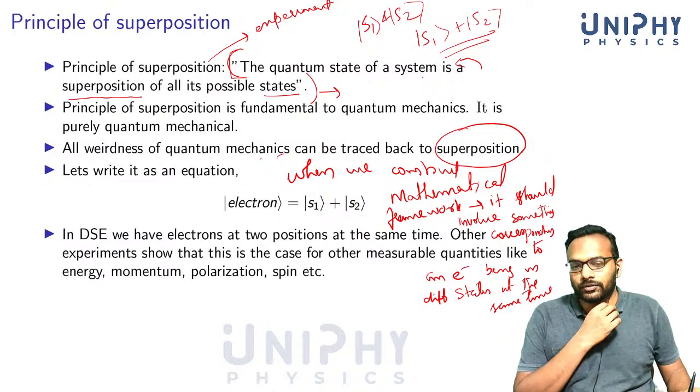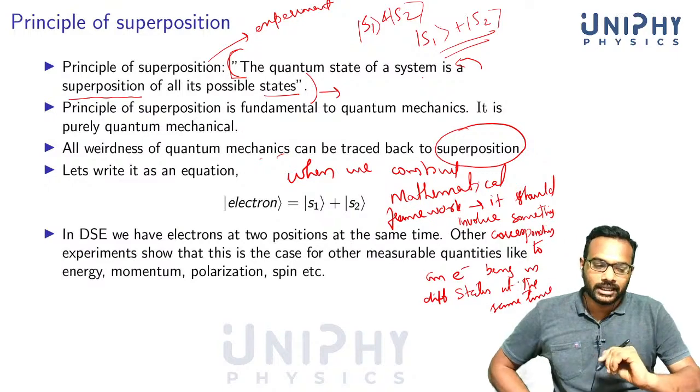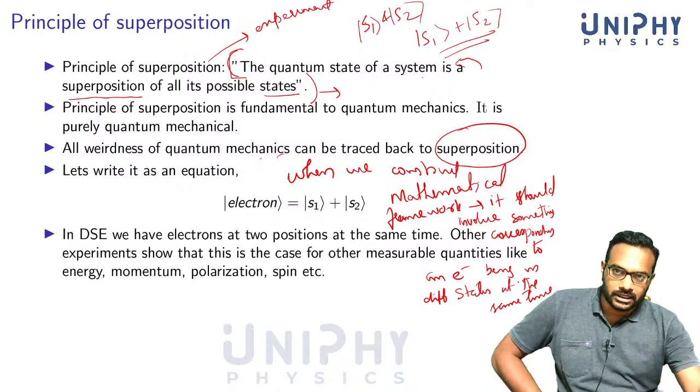We are taking this as a reality. So this is one of the ingredients. The principle of superposition is one ingredient of our mathematical framework that we have to construct.